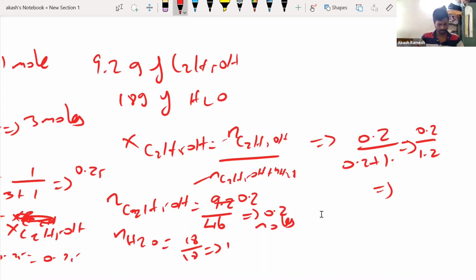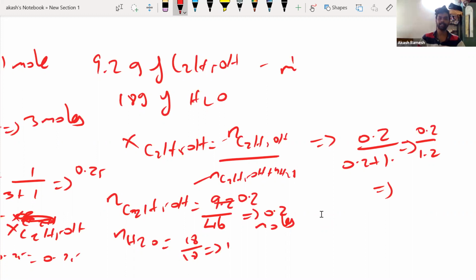Okay, good. Fine. The question says like this. Mole fraction of glucose in its aqueous solution is 0.1. Okay, the question is find the molality, small m.